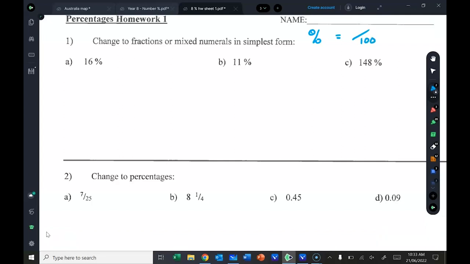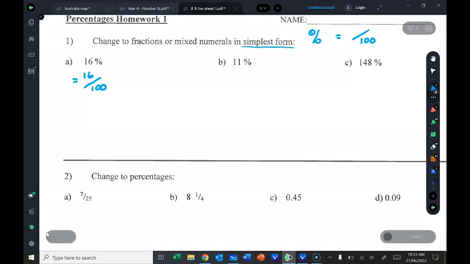Cent means 100. It's important that you read the question carefully first, and in the first instance, it's asking us to change these percentages into a fraction, okay? So remember that 16% just means 16 per 100, and the question also asks you to put it into simplest form.